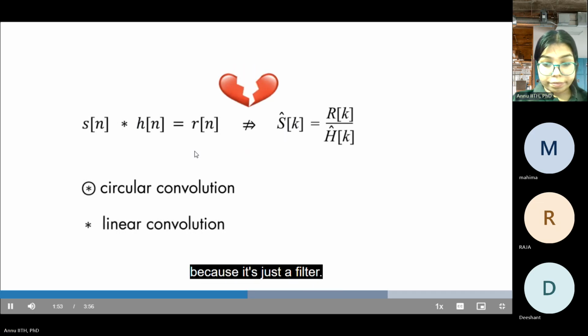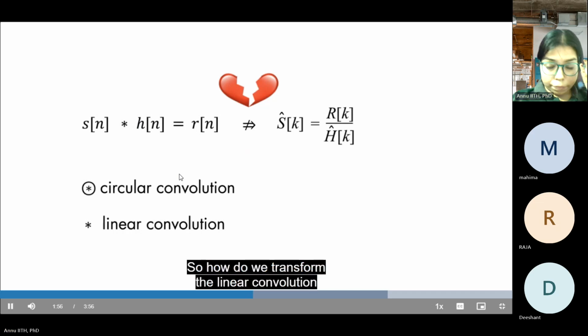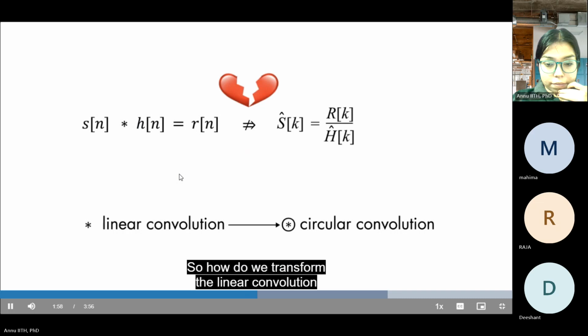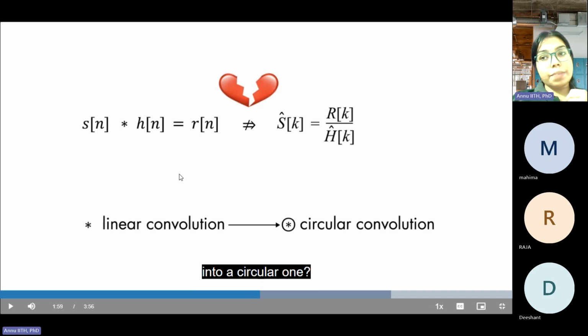We'll see, because it's just a filter. In practice, it performs a linear convolution. As we know, the channel performs linear convolution by default. The question arises: how do we convert the linear convolution to circular convolution?